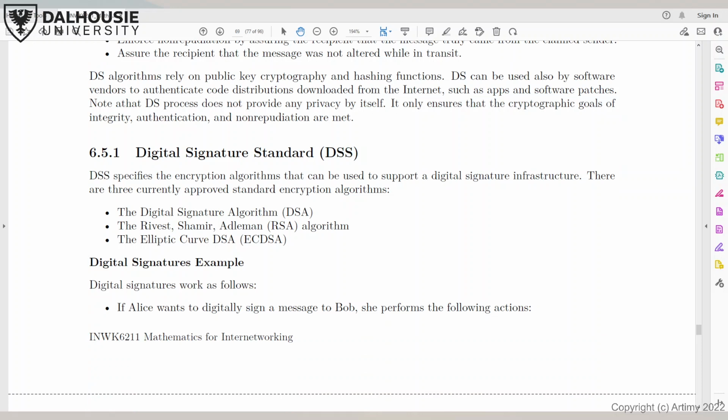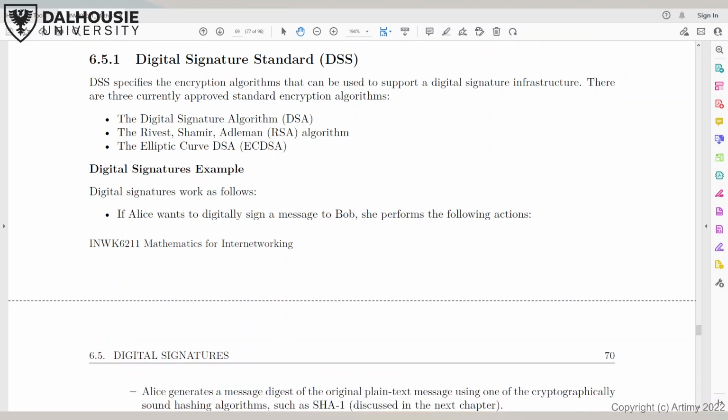The digital signatures have several algorithms. RSA is one of them, and there's the digital signature algorithm and the elliptic curve DSA. Since we have studied RSA, we're not going to study any other algorithm for this.